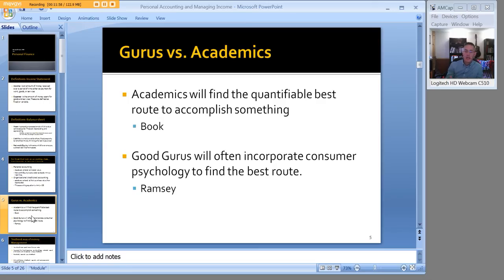So in the end of paying off all your debts, you'd have the most money. Dave Ramsey, however, recommends that you pay the credit card or the outstanding loan with the lowest balance first. And the reason he says to do that is because you're more likely to stick with it longer if you feel like you're accomplishing something sooner.